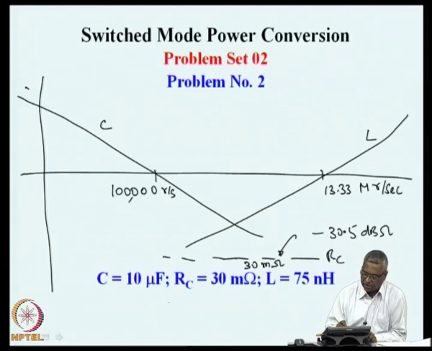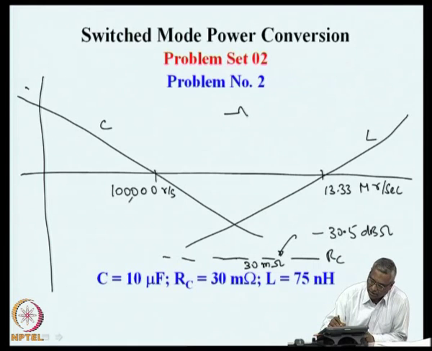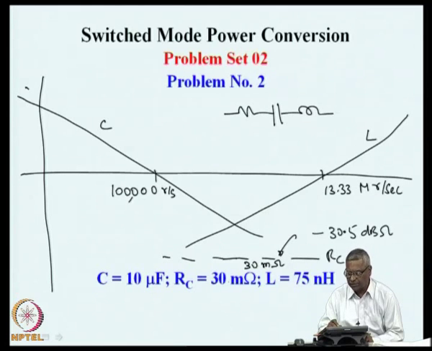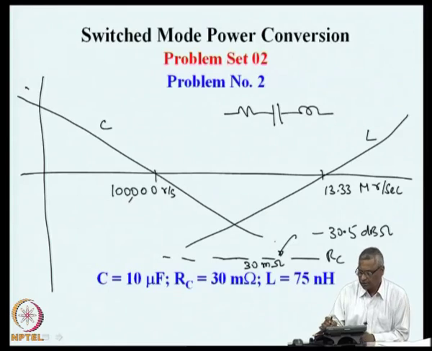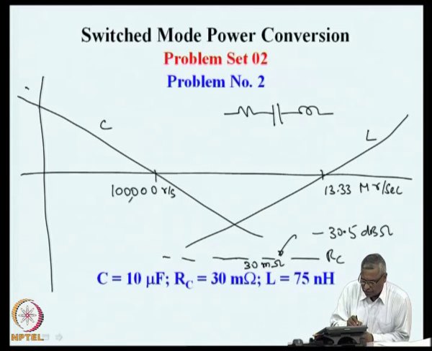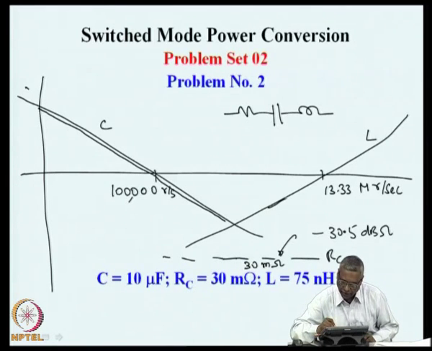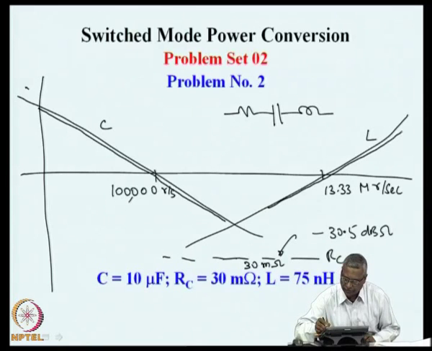Because this is a series circuit, R, C and L, at any frequency, whichever component is the highest value will dominate. So, you will find that the actual impedance will follow the capacitance at the low frequency because it is the highest of the 3, and it will follow the inductance at high frequency because it is the highest of the 3.